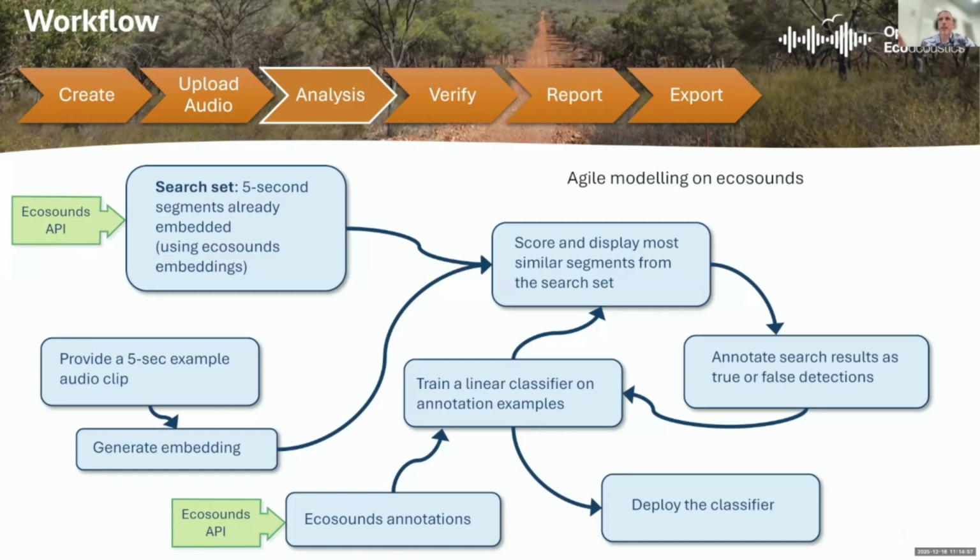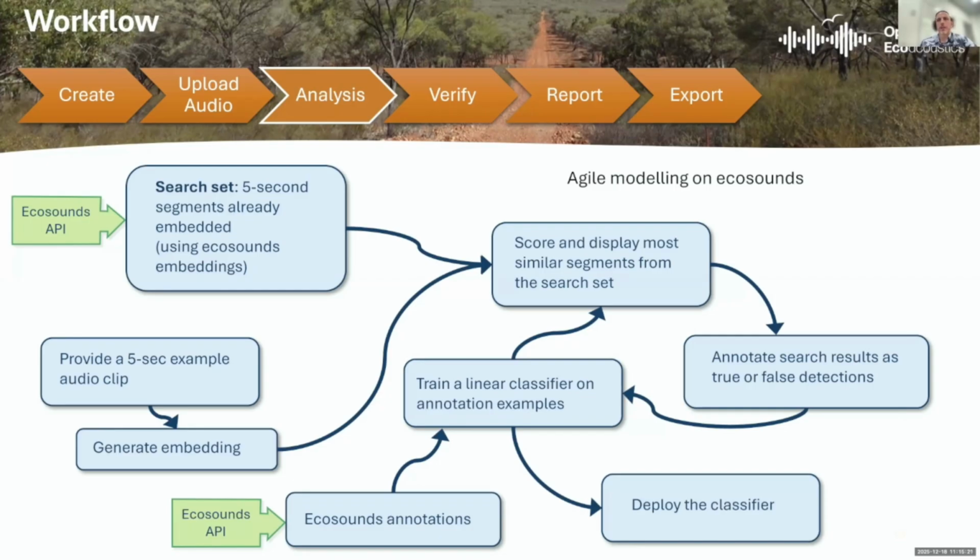And what that essentially means is that the entire set of audio that you're working with is segmented into 5-second segments, and each of those is represented by a thing called an embedding. So we pull those down for the audio of interest, and we can provide then a 5-second audio clip of this target species that we're wanting to build a recognizer for.